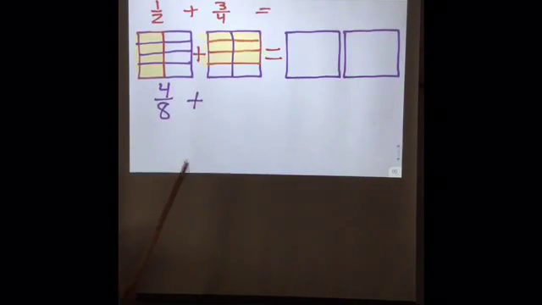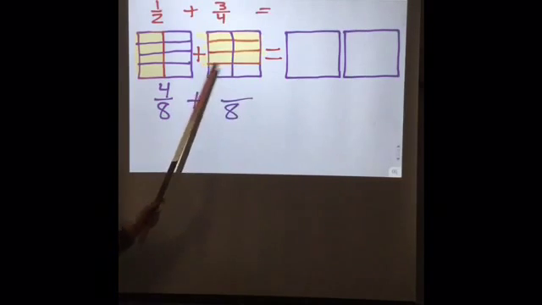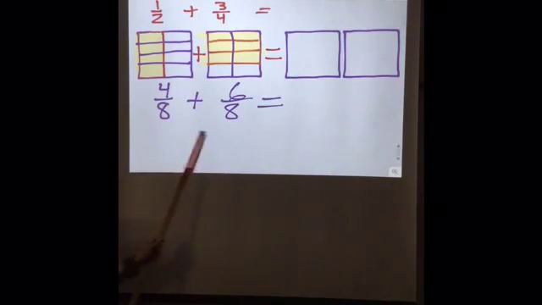addition sign down. Now what's my bottom number for this one? 8. And how many do I have shaded in? 6. I have 6 of them. Now if I add them together, what's my bottom number going to be? 8. That's going to be 8 because I have to have 8s, right?